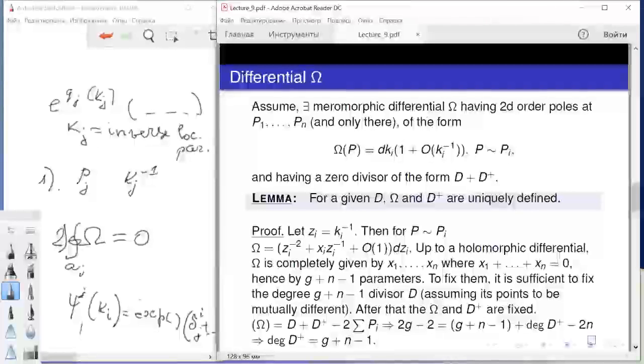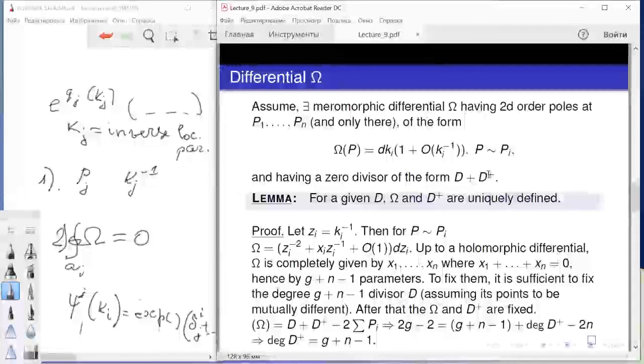This relation for omega of P is nothing special. It only states that omega has second order pole. Okay. So we assume that there exists a meromorphic differential omega having second order poles at P1 and so on Pn, and which is important, having a zero divisor of the form d plus some d cross.